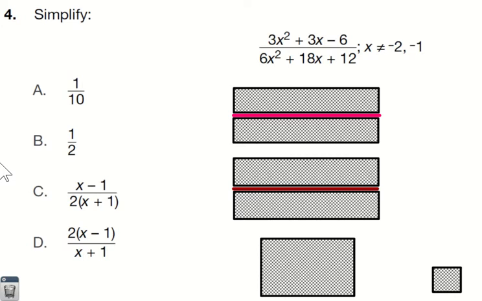Number 4, the directions say simplify this. Okay, simplify this crazy looking fraction. And please don't be confused by this. If you're taking Algebra 2 with me, this actually shouldn't confuse you too bad, but this isn't worth worrying about.